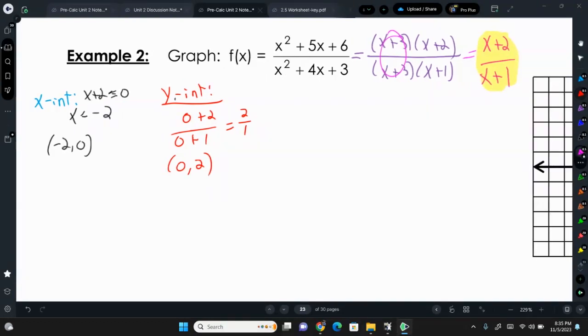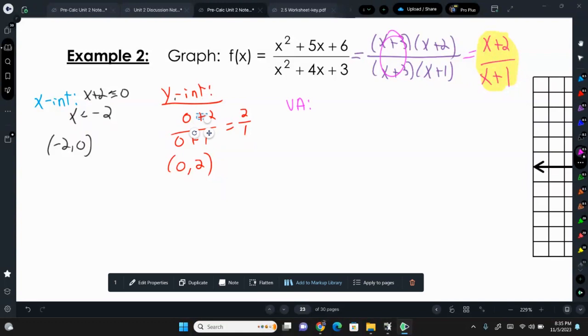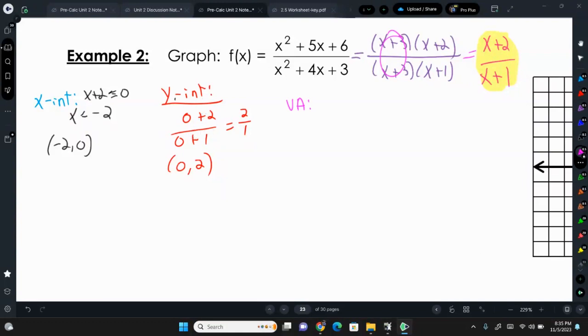Our vertical asymptote, VA, is going to be when the new denominator equals 0, so x equals -1. And then the horizontal asymptote is going to be the ratio of our leading coefficients because our degree is the same. Our degree is 1 in the top and 1 in the bottom.